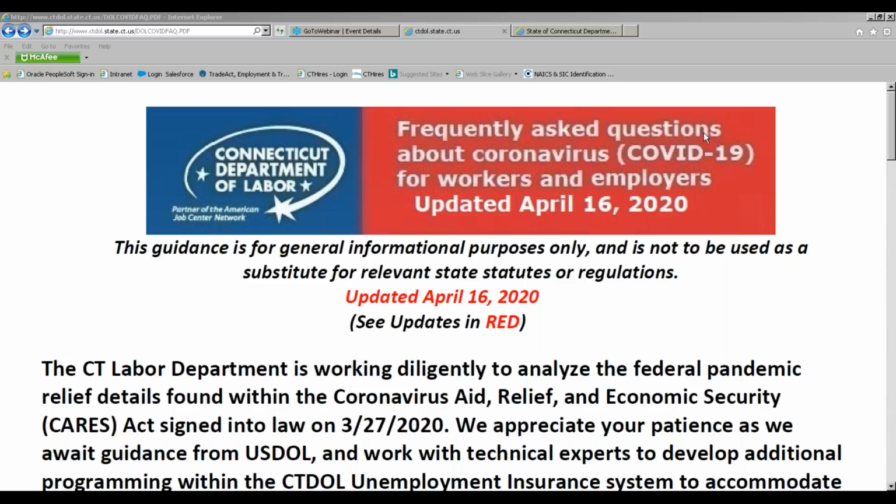We will request those wages from the other state or states to establish your benefit rate. But yes, if you've worked in Connecticut and you also have wages within the base period scenario that I described earlier, you would be eligible to use those wages as well to establish a benefit rate.